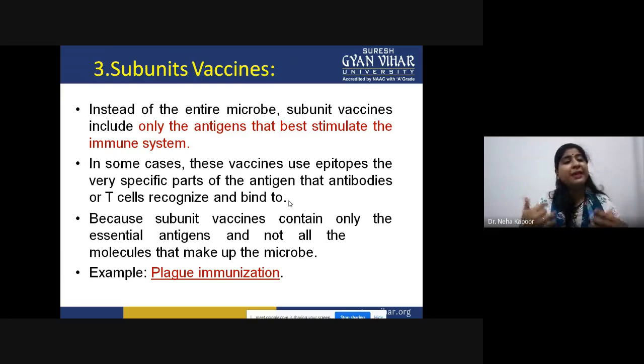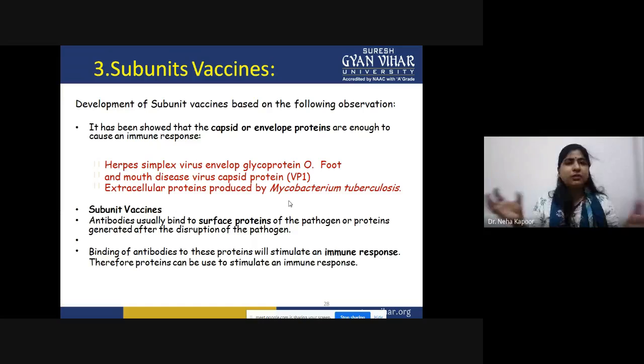For example, for plague immunization, subunit vaccines are being used. This whole idea of how we can develop and use the subunit vaccine was confirmed by certain experiments, which showed that the capsid or envelope proteins are enough to initiate or mount the immune response.